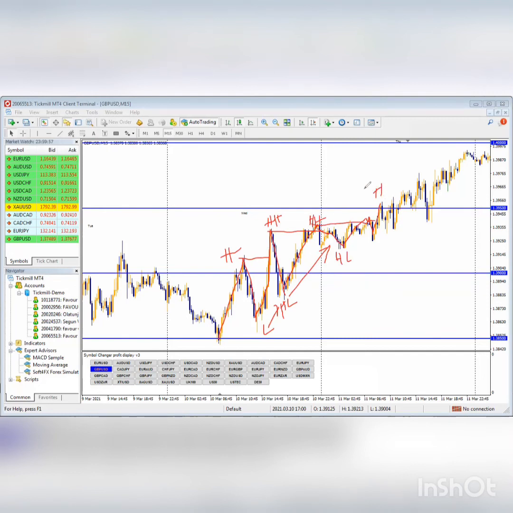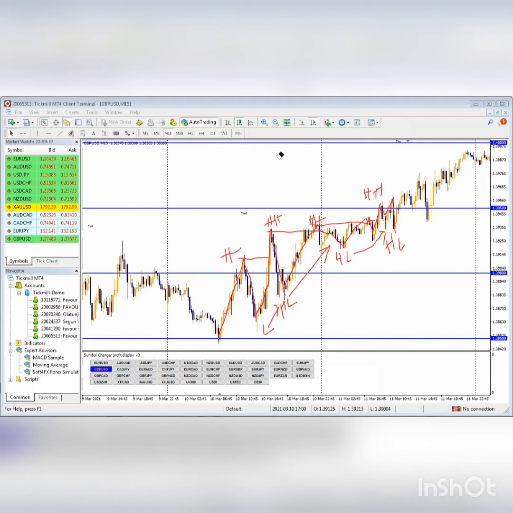So we have a higher high. After the much consolidation, it came down again and gave us a low, higher than the previous low. Higher lows. So guys, continuously like this, this is basically what an uptrend is talking about.